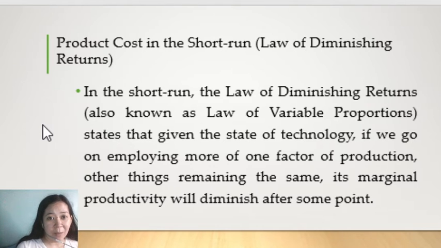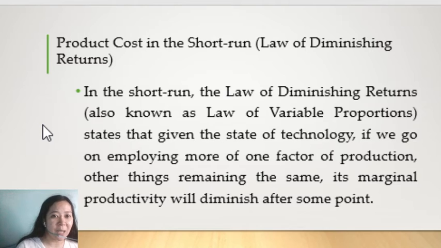In the short run, the law of diminishing returns, also termed the law of variable proportions, states that given the state of technology, if we go on employing more of one factor of production, other things remaining the same, its marginal productivity will diminish after some point.